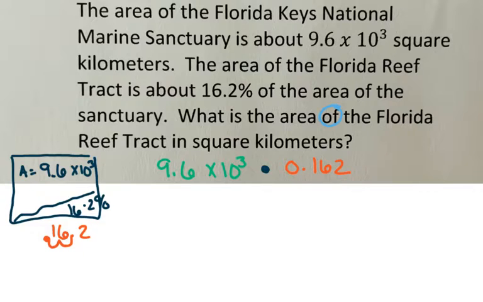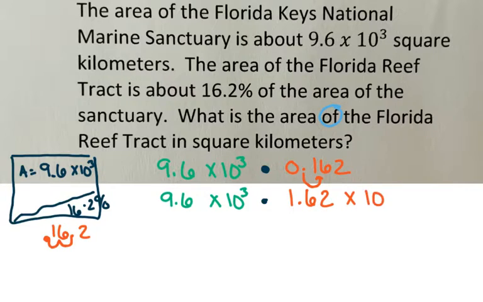If we want to change it to scientific notation, we have to move that decimal place back 1. So I get 9 and 6/10 times 10 to the 3rd times 1 and 62 hundredths. I moved it to the right. So I'm going to add an exponent.